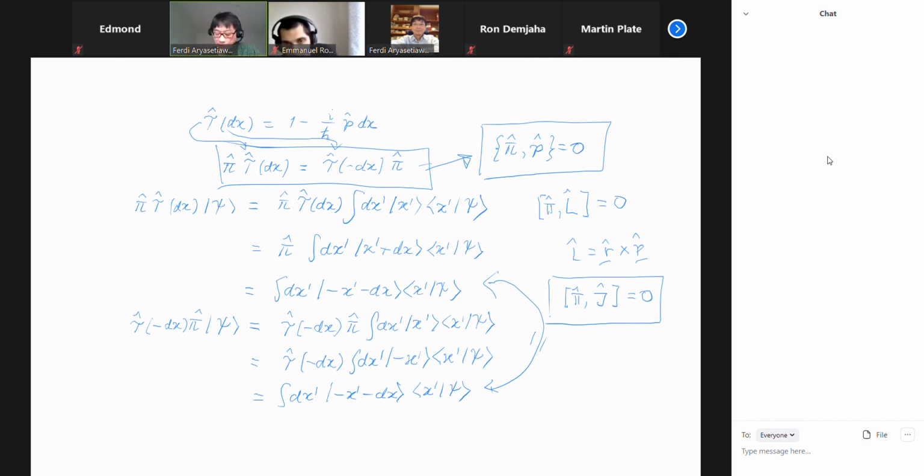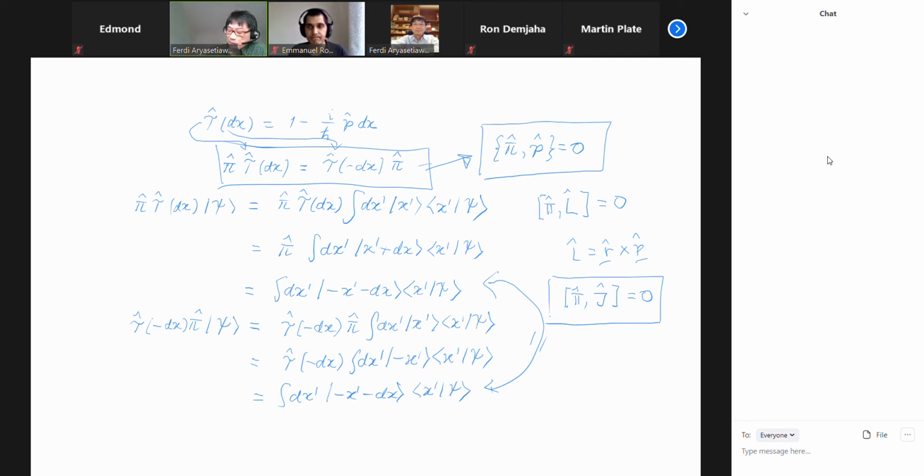Okay, so maybe it's a good time to stop here and we just continue with the rest of parity and the time reversal symmetry.